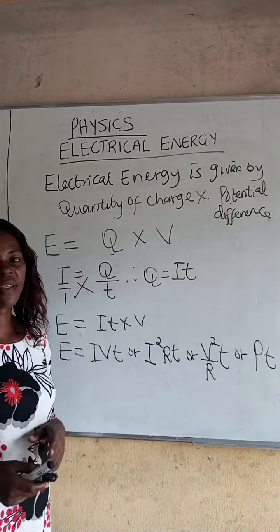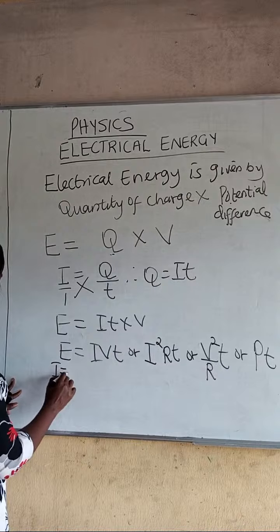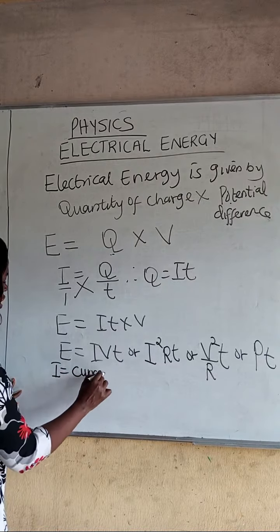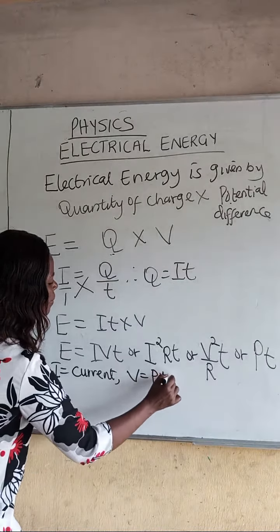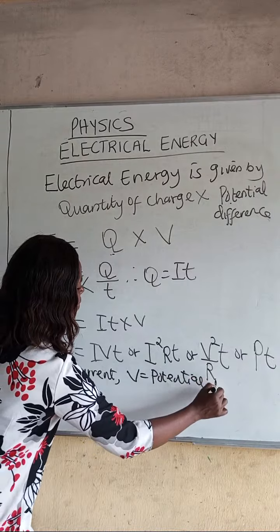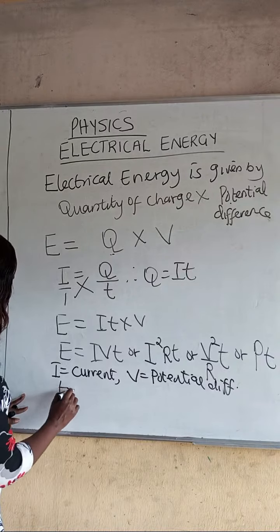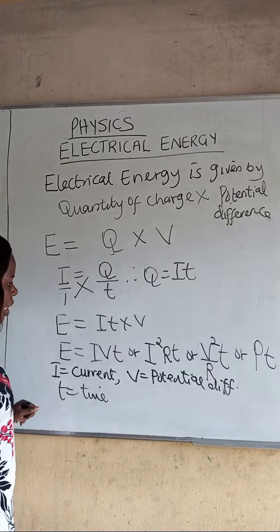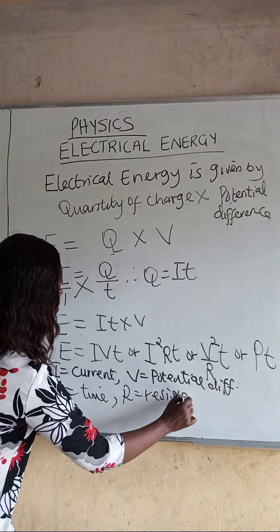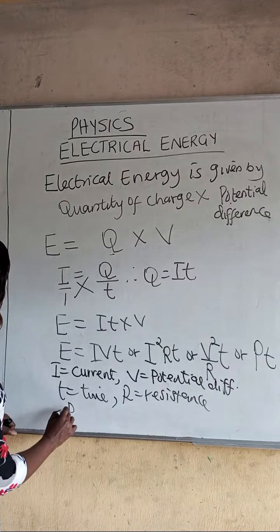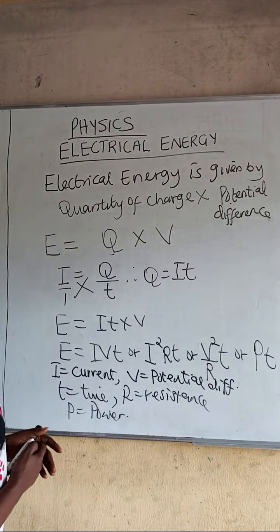Now, what do all these parameters stand for? I is current, which is electric current, V is potential difference, T is time, R is resistance, and P is power.